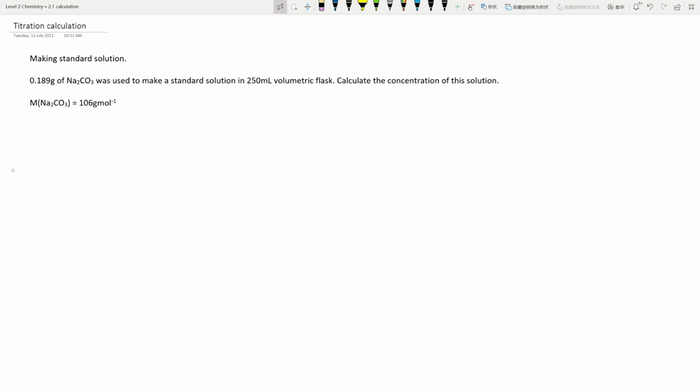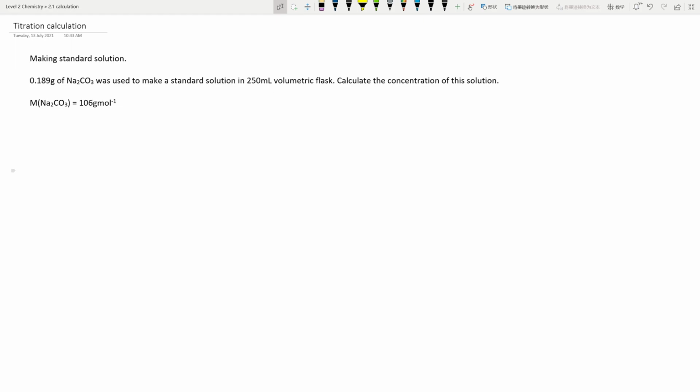The whole idea of titration is that you have a solution that you don't know the concentration of. In Level 2 we only do acid and base titration. For example, if you have a hydrochloric acid you don't know the concentration of, you could make a standard solution of a base that you know the concentration of.